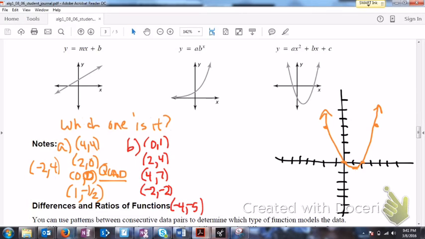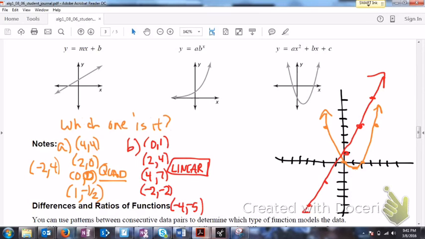Alright, let's go ahead and graph those points. (0, 1), (2, 4), right there. (4, 7), right there. (-2, -2). And (-4, -5). What does that look like if we connect those? Now, if I had perfect graph paper, it's actually a line. So this one would be linear. So based on our graph, we know that that one's a linear.